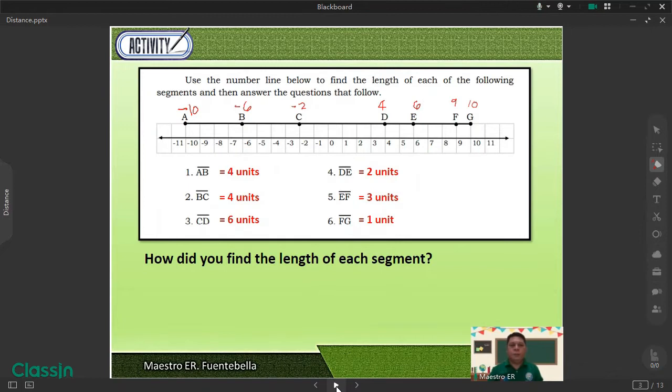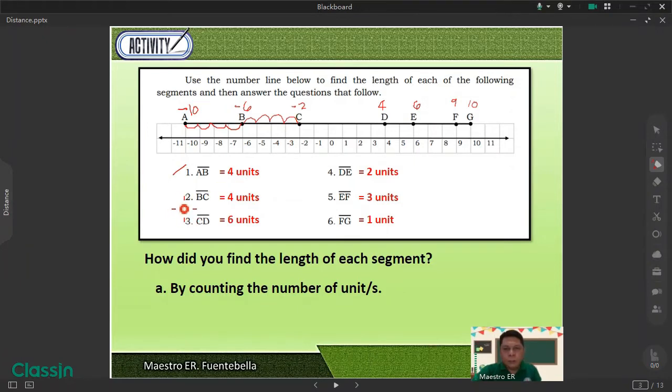How did you find the length of each segment? One way is by counting the number of units. Let's count the number of units from A to B. 1 unit, 2 units, 3, 4. So it is checked that line segment AB is equal to 4 units. For segment BC, let's count: 1, 2, 3, 4.